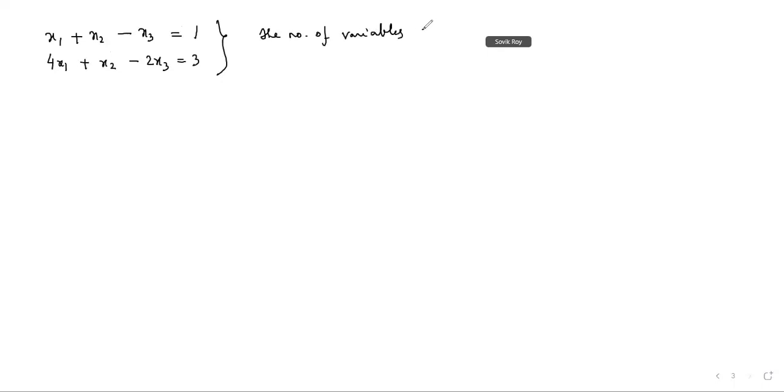For example, if I give you a system x1 plus x2 minus x3 is equal to 1, and 4x1 plus x2 minus 2x3 is equal to 3, this system has 3 variables, which is not equal to 2, the number of equations. Hence the matrix is rectangular.